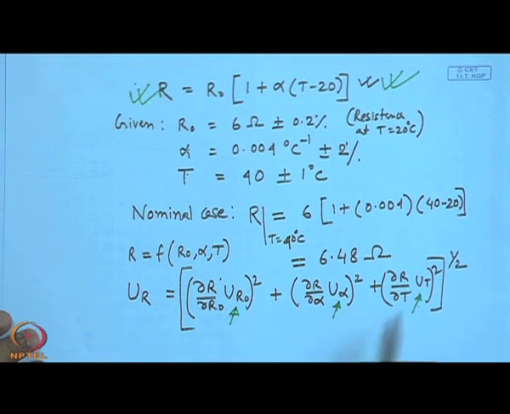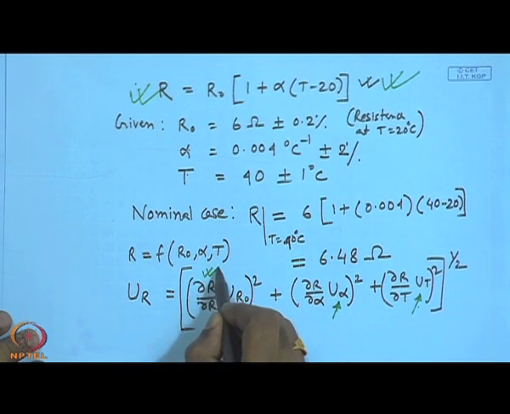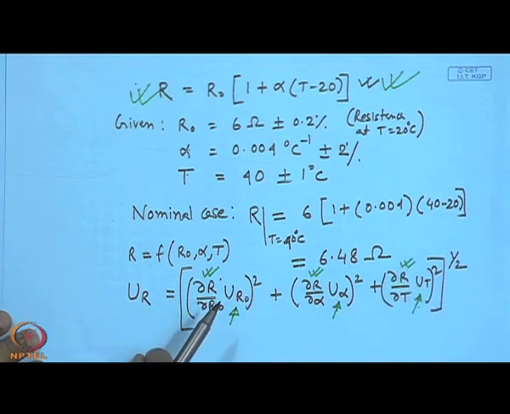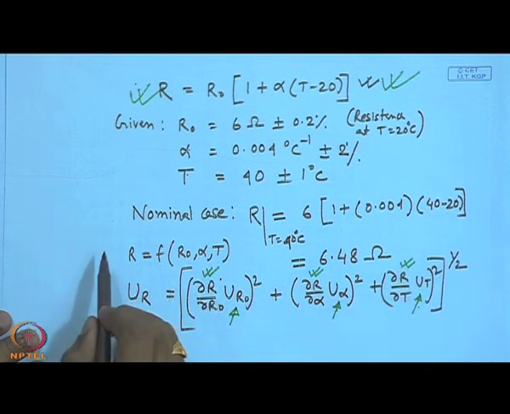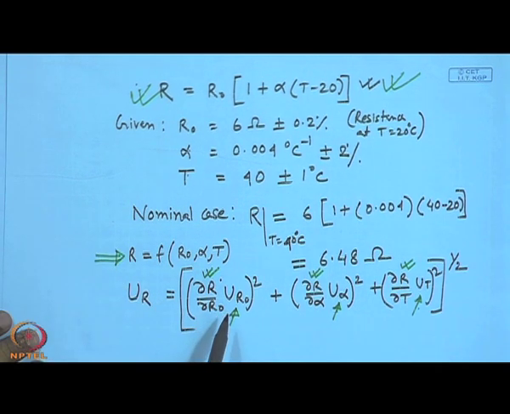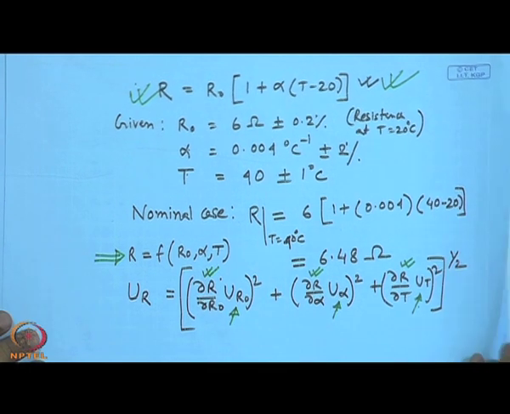These values are given, and these partial derivatives we can find out from the functional relationship R equals R0 into 1 plus alpha into T minus 20. So, let us do that now.